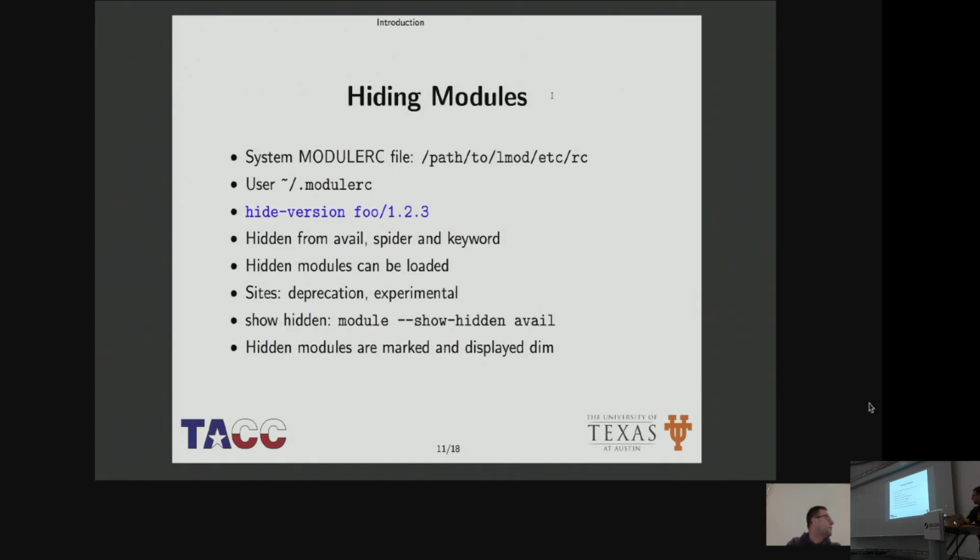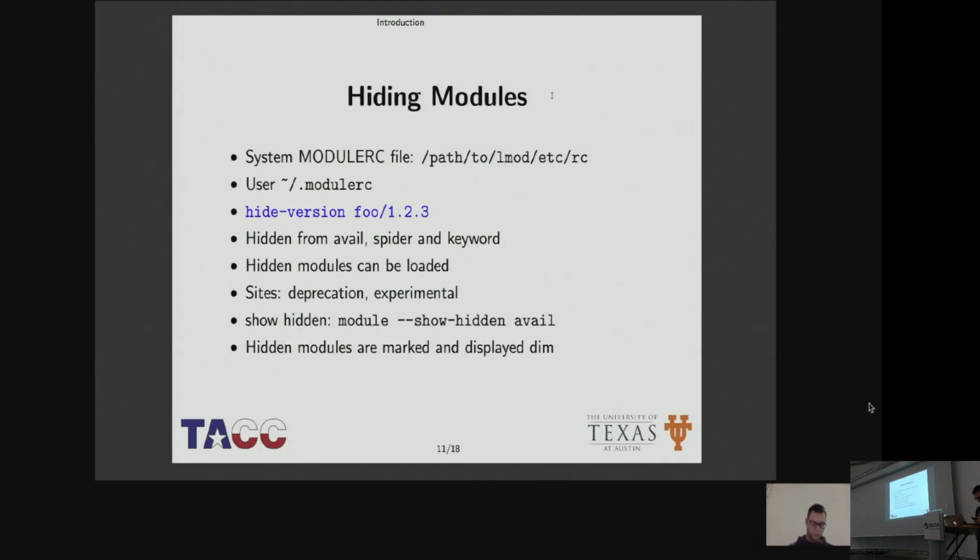So hidden modules can be used in at least two places: one is deprecation and one is experimental. However, as I say there, you can do module show hidden avail, and then they become available, and they're marked with an H to be hidden. And if you've got a black screen, they'll actually show up dim.